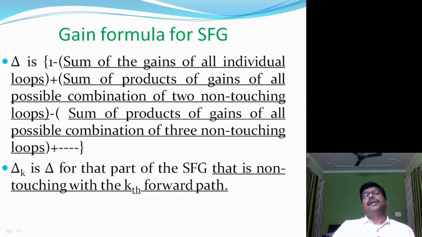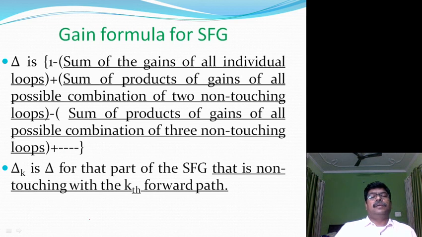So we have to identify, if say out of 3 loops only two are non-touching, then the product of these two non-touching loop gains. If it has 4 loops, 3 non-touching, then all possible combinations of 3 non-touching loops. Next, the sum of products of gains of all possible combinations of 3 non-touching loops, similarly, and this way we keep on doing, and finally we will get the delta.